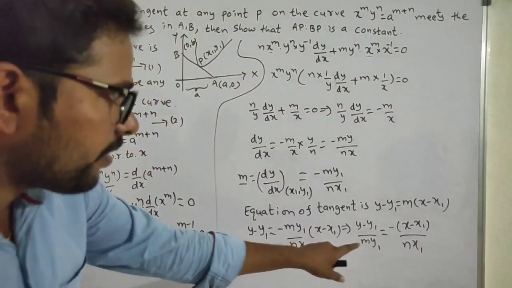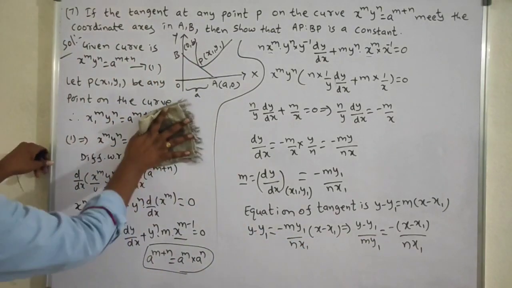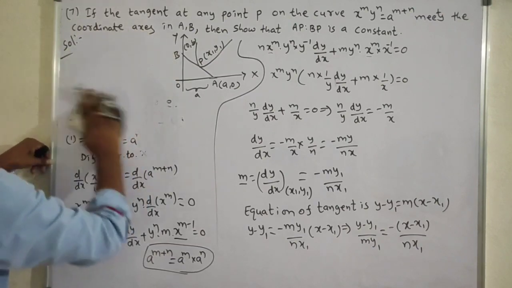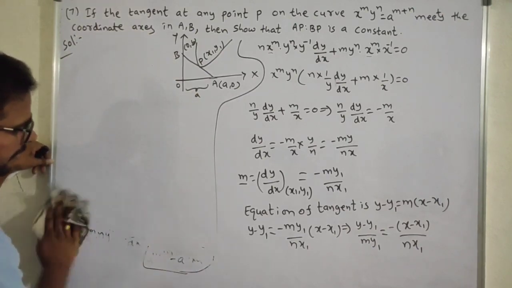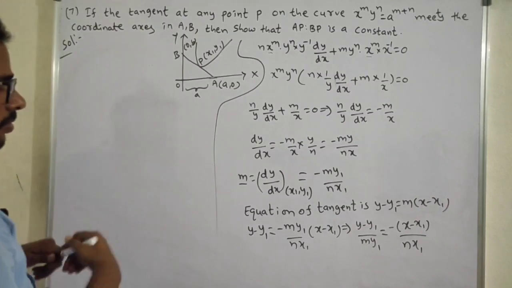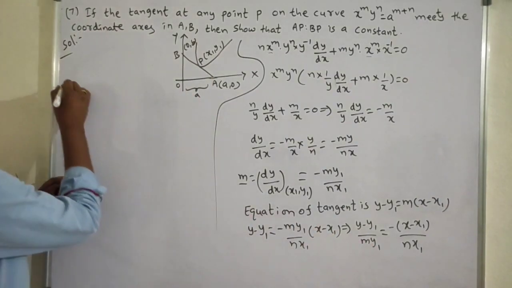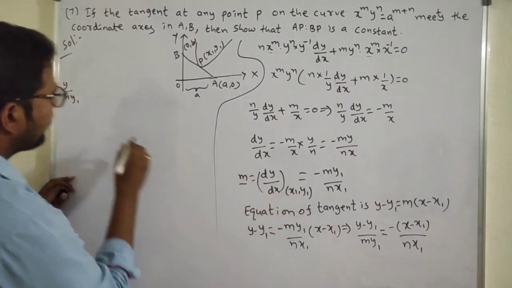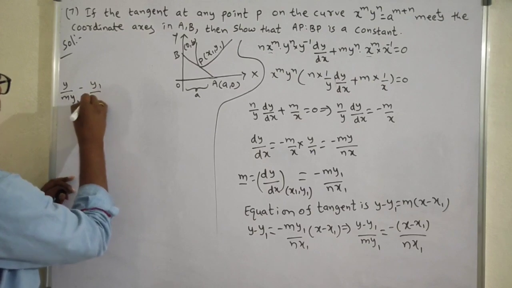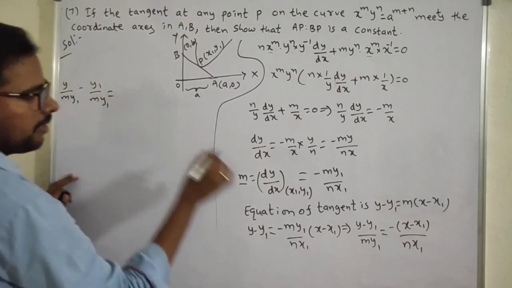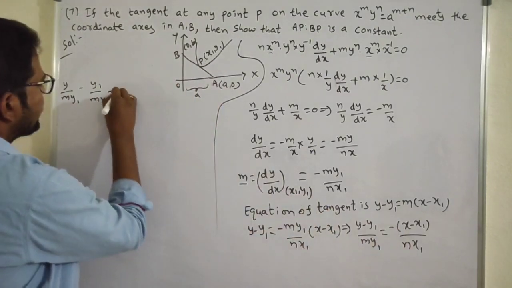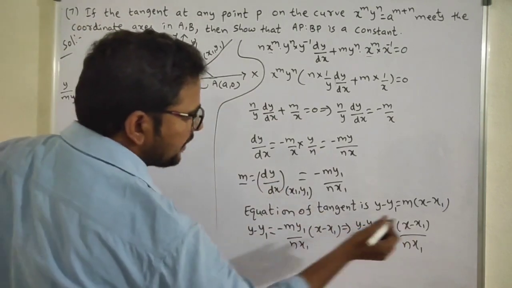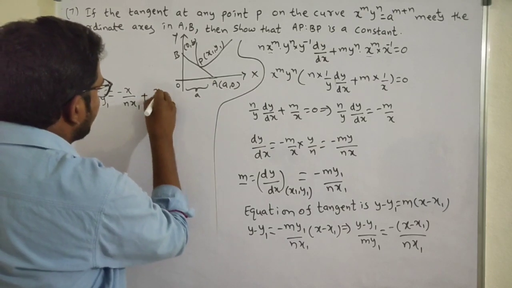Now multiply with minus. So what is equation number 2, right? Multiply with minus. So here write separately y by m y1, next minus y1 by m y1 is equal to minus into plus minus x by n x1, plus minus into minus plus x1 by n x1.